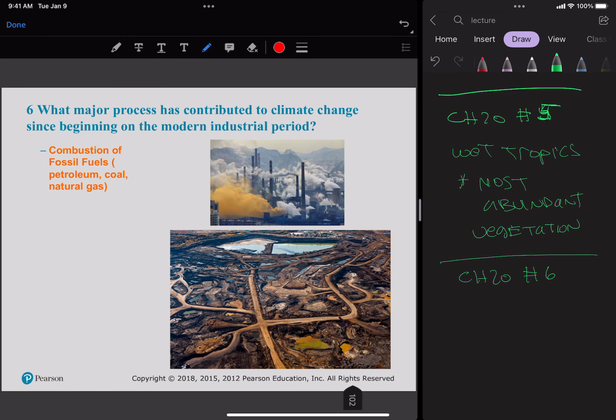And that process is combustion of fossil fuels. So the burning or combustion of fossil fuels is the process that's contributed to climate change since the 1800s.